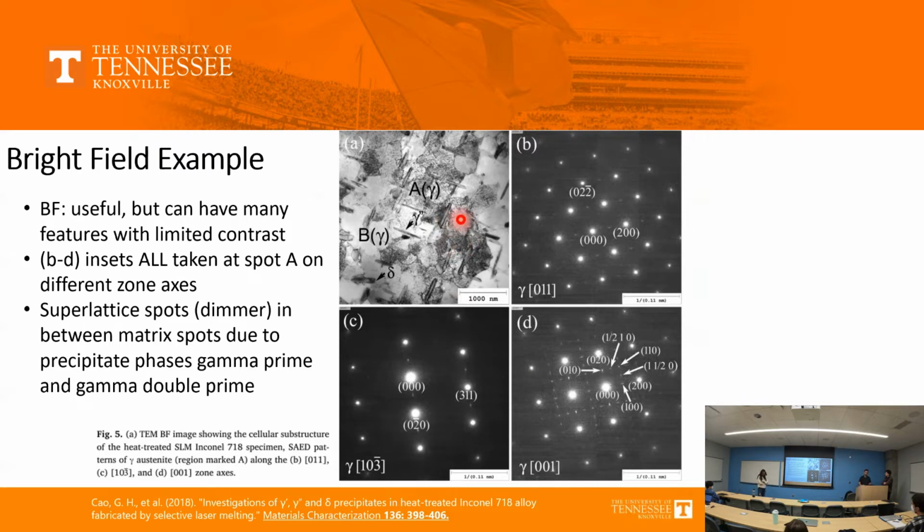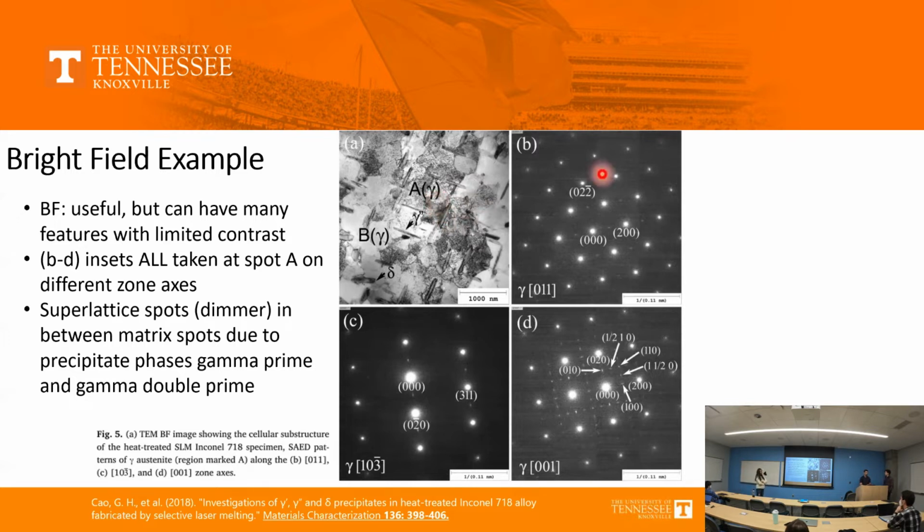We've got a nickel matrix and then intermetallic precipitates referred to as gamma prime, because the matrix phase is referred to as gamma. On the top left is a bright field image showing various types of phases going on, and maybe some thickness variation in the lamella itself. It's hard to look at just this bright field image and say what's going on with this microstructure.